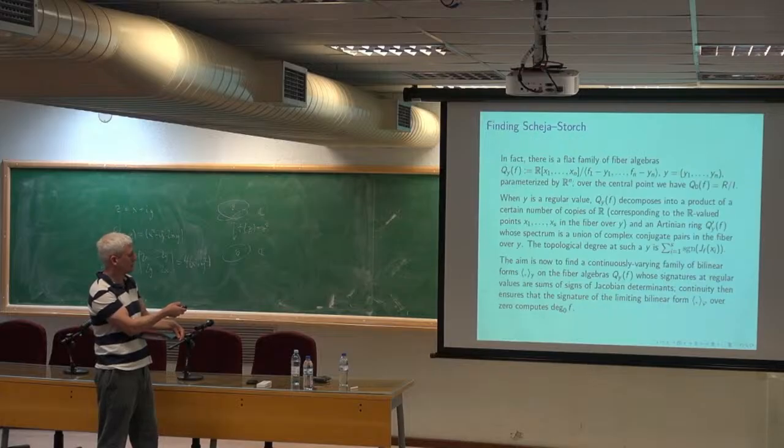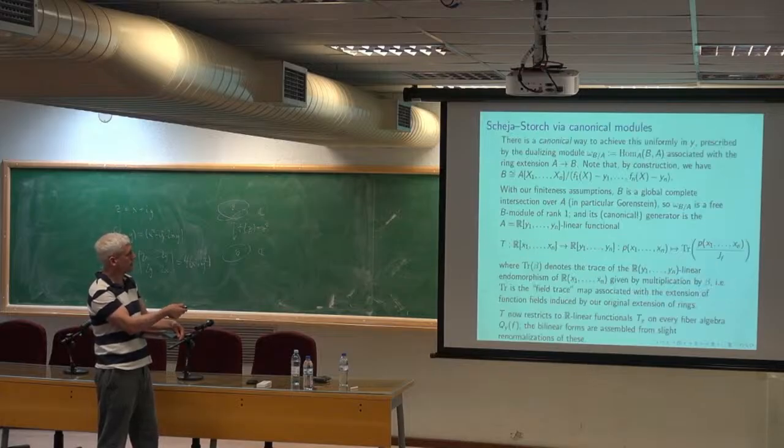The idea is that if you consider the canonical module associated to this extension, or the dualizing module in more algebraic geometry terminology, well, that is the B module given by A module homomorphisms from B to A. And by construction, B as an A algebra has this presentation as a quotient.